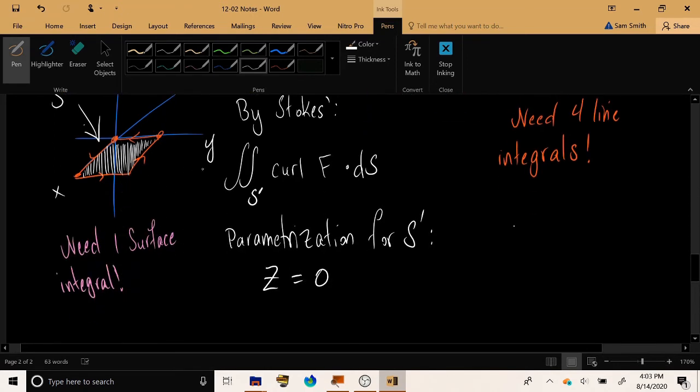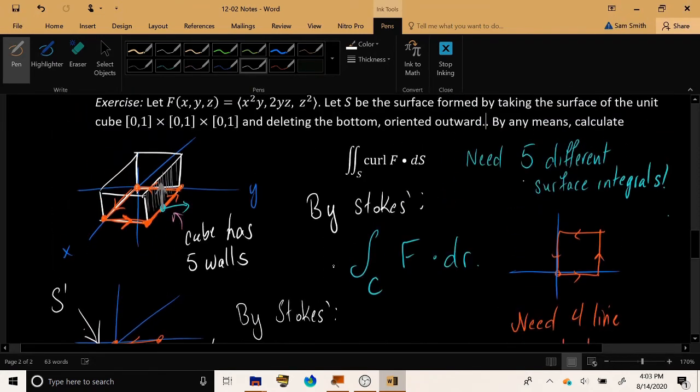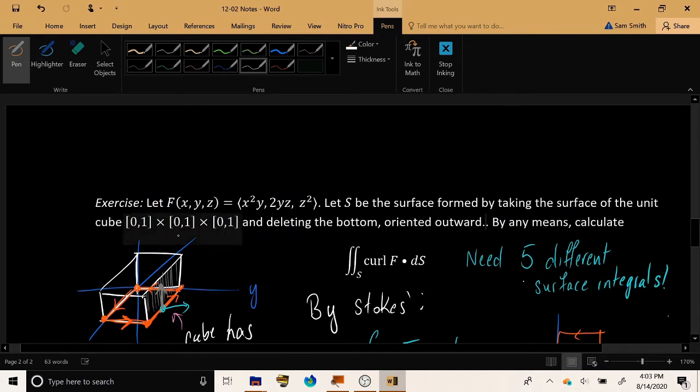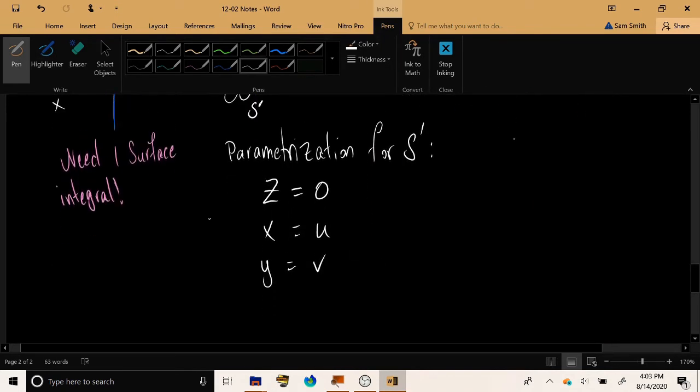And then x and y are once again free to act as our parameters. So x can be u and y can be v. And let's recall that x and y stretch between 0 and 1. And so the same thing will be true for our u and v.